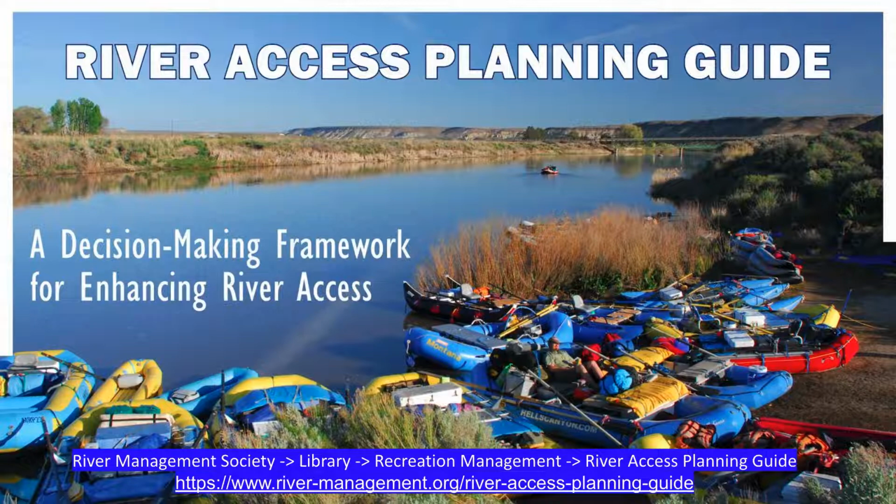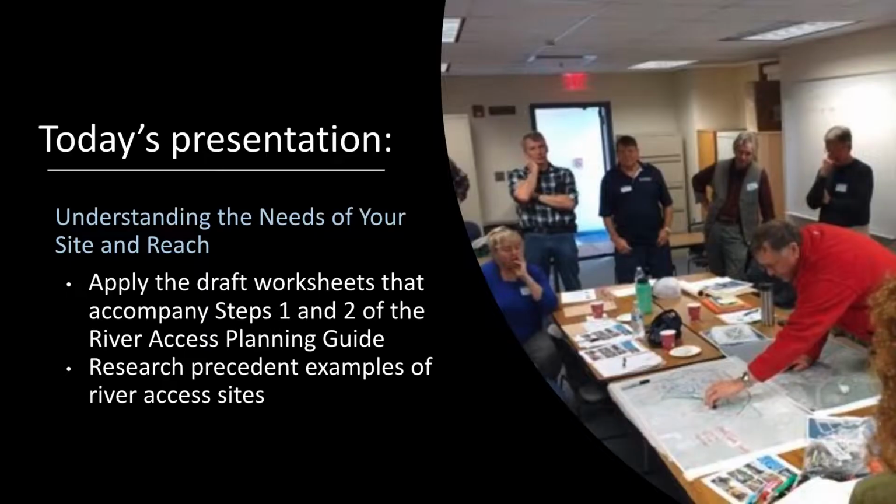One of the things we discovered as we were rolling this out is that it would be helpful to have a little more guidance on how to apply it. We worked with the National Park Service Rivers and Trails Conservation Assistance Program to develop a couple of worksheets that help guide steps in the process. Today we're going to walk through some of the concepts of those worksheets and then look at a couple of projects that apply those concepts.